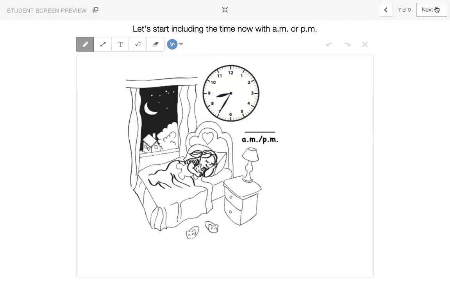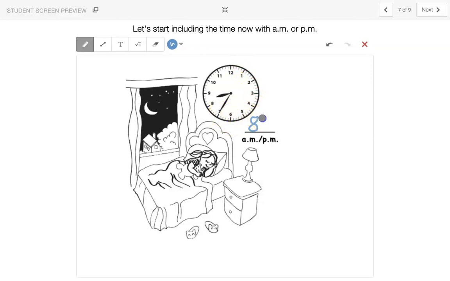Let's look at this one. Let's tell the time first, and then we'll try to tell from the picture whether it's a.m. or p.m. The small hand is in between the 8 and the 9. So I know that's 8. And we know halfway around the clock is 30.